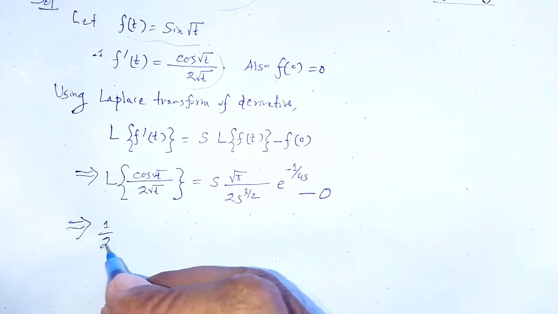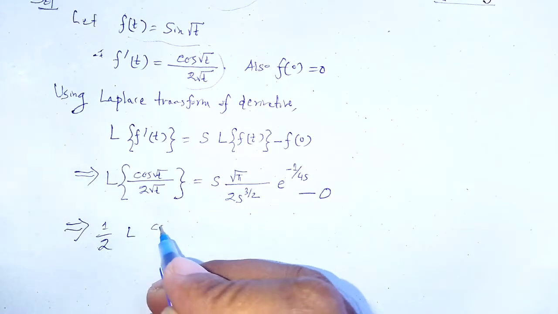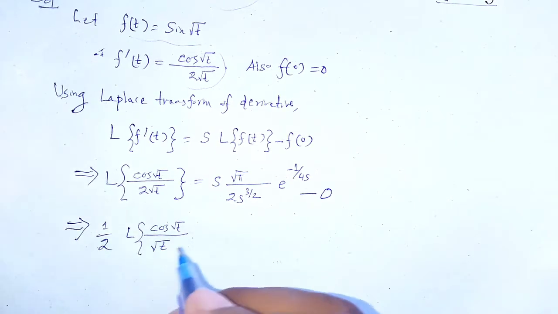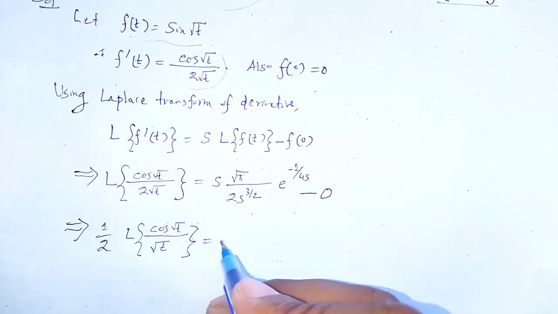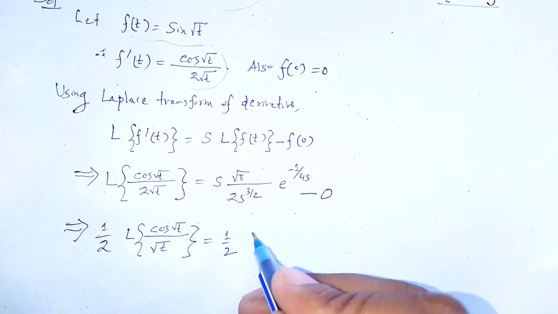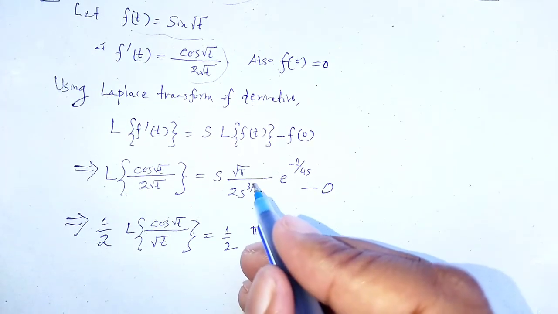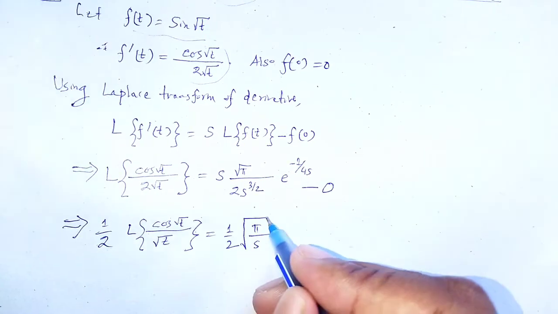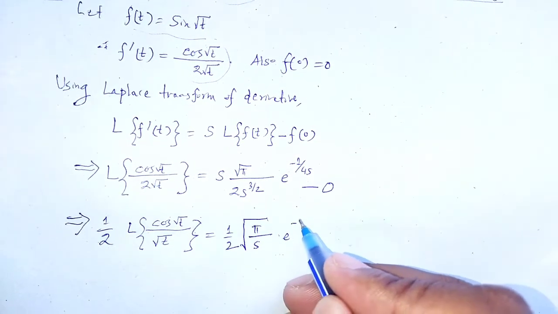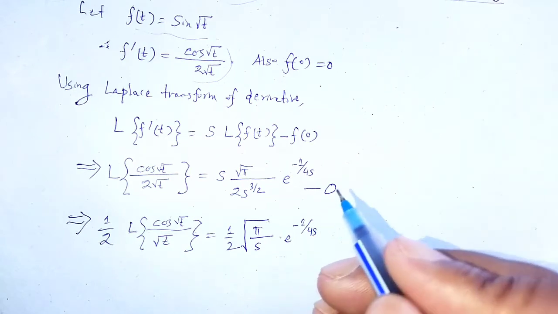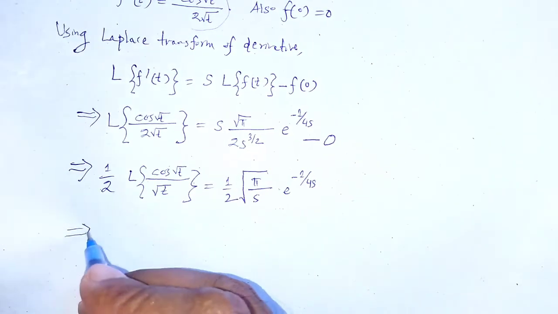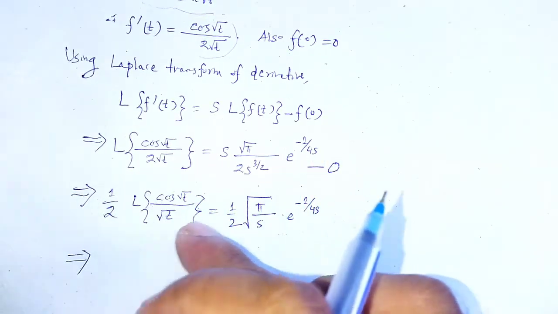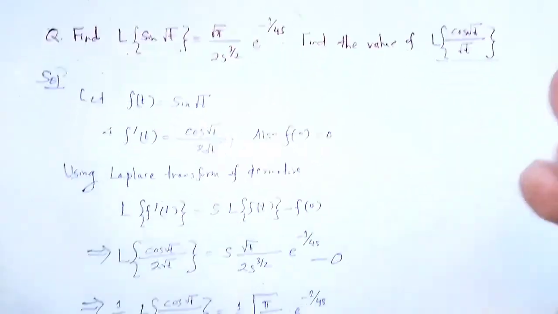constant to outside, Laplace transform of cos under root of t divided by under root of t is equal to half under root of pi s, we can write it as under root of pi by s e to the power minus 1 by 4s, which implies we have to find the value of that function's Laplace transform.